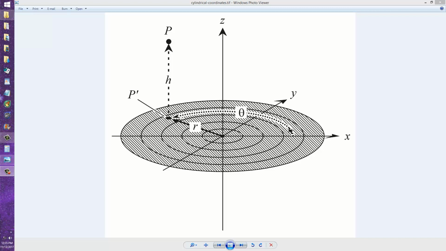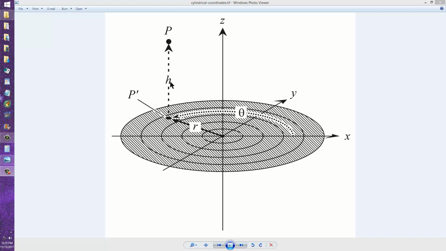And when you've made a part of a circle that has an angle of theta with respect to the x-axis and a radius of r from the origin, you arrive at a point that we'll call P prime, which lies in the xy plane.